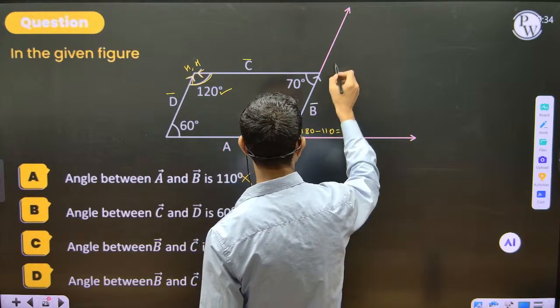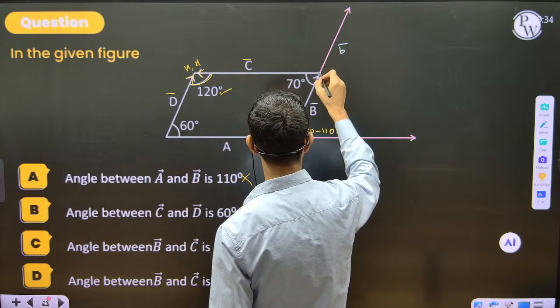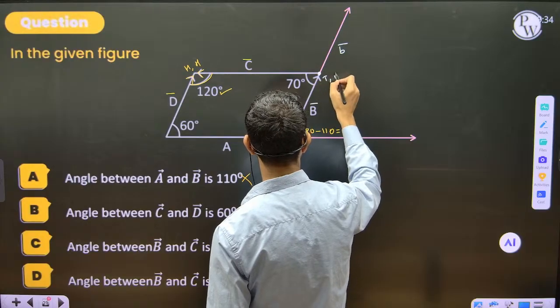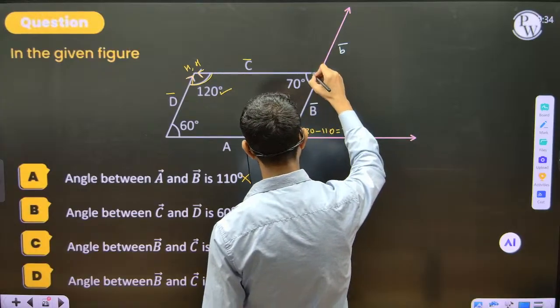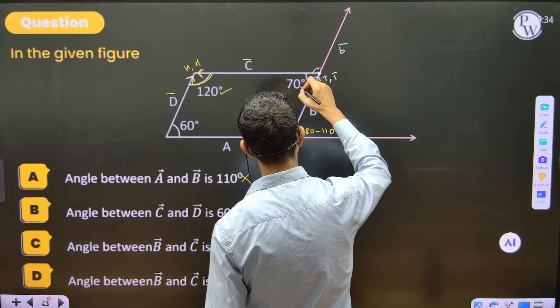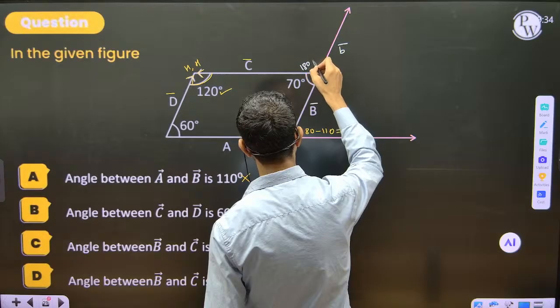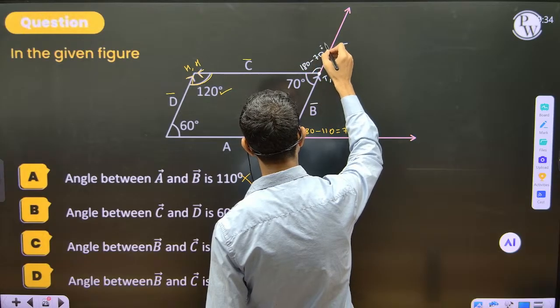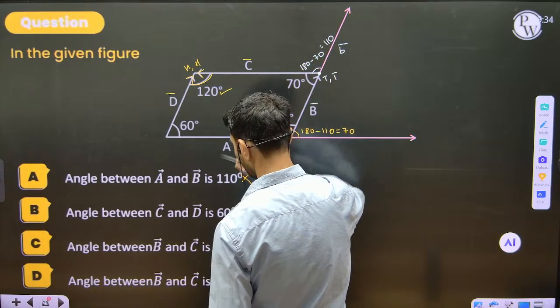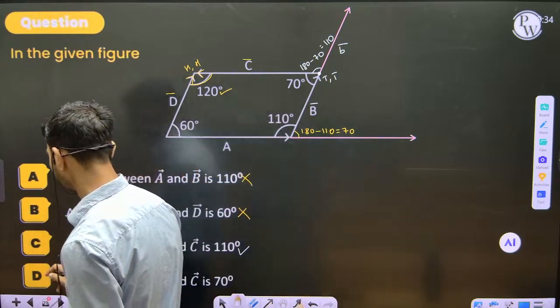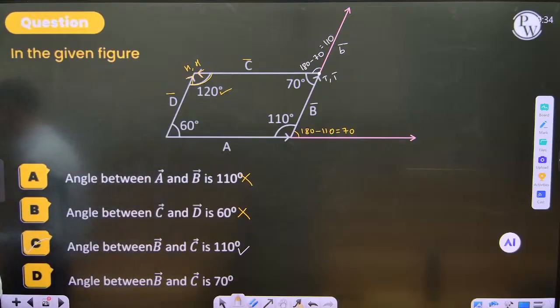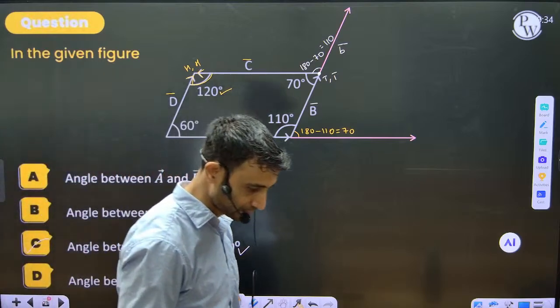So the B vector has shifted here and the tails and tails are together. Right? The B vector is shifted here. So how much is this angle? 180 minus 70, which is equal to 110. Right? That's the correct answer. C option.